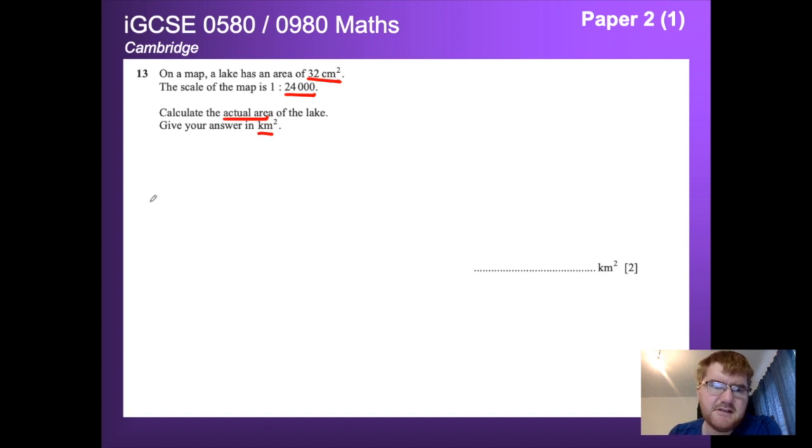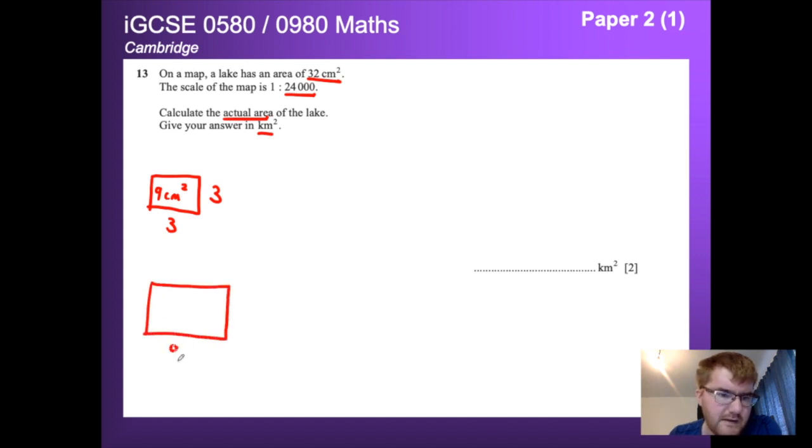Let's give you an example. If I take a 3 by 3 square, we all know the area of that is 9 square centimeters. Now if I times each of these sides by 3, I get a larger square. That's not very much of a square, it's a bit of a rectangle, but stay with it. 9 times 9 is 81 square centimeters.